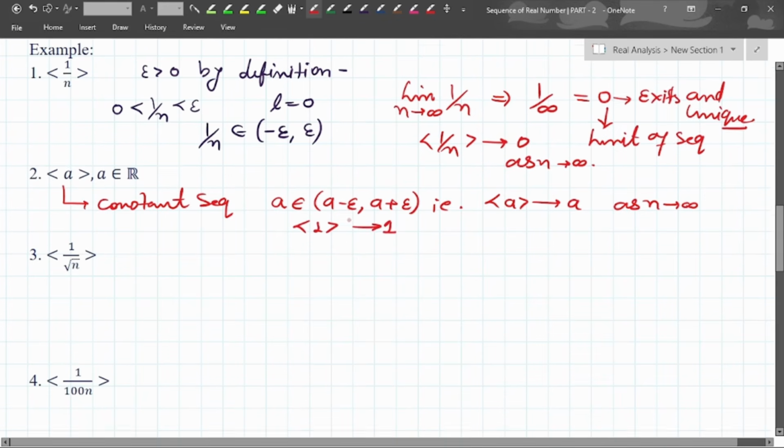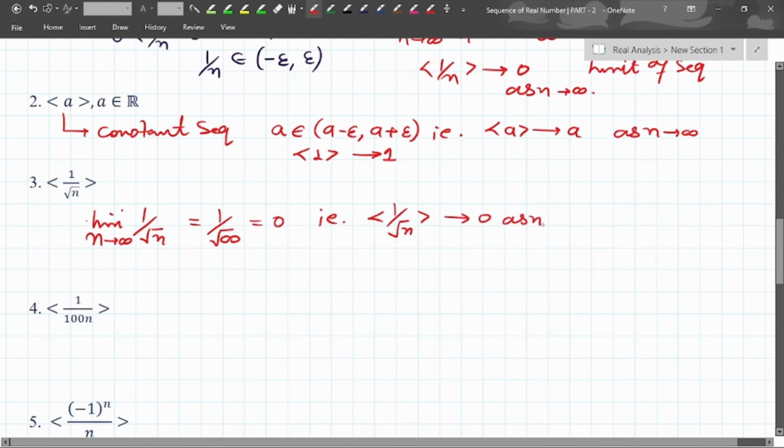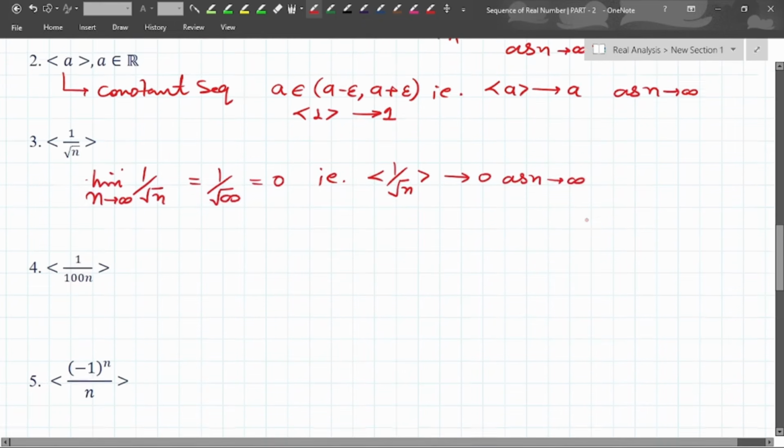Next we have 1 by root n. We will find the limit. As n tends to infinity, 1 over root n is nothing but 1 over infinity, and this is also 0. It means that the sequence 1 over root n converges to 0 as n tends to infinity. This is also convergent.